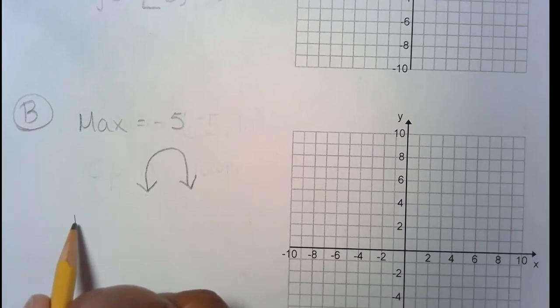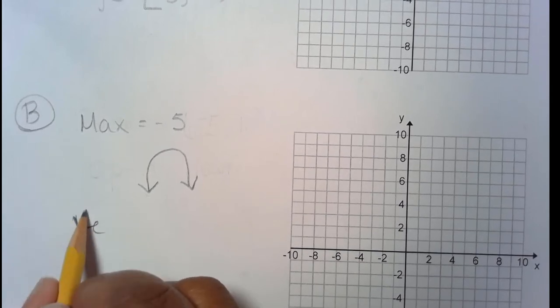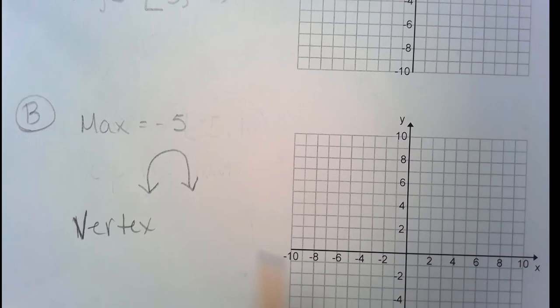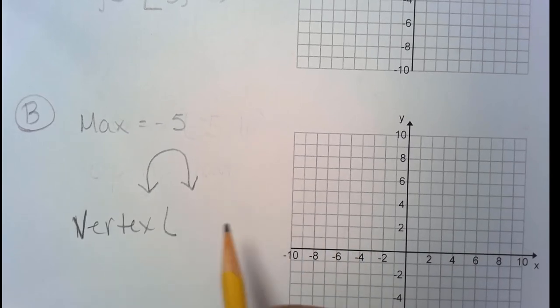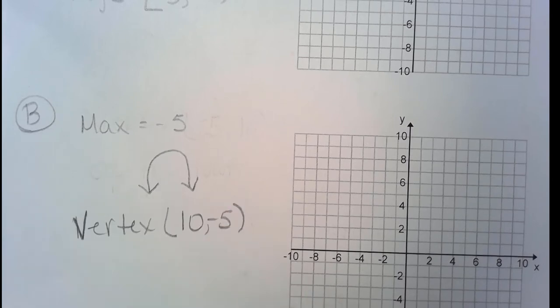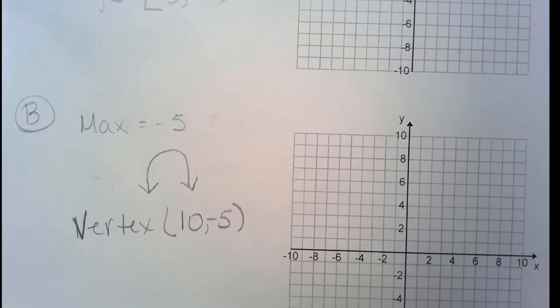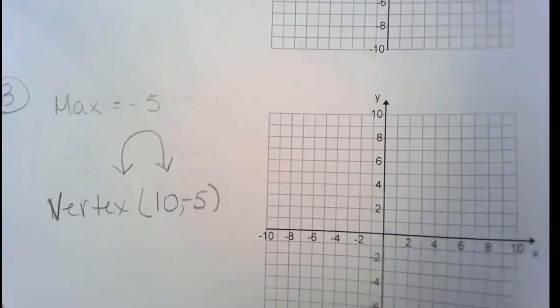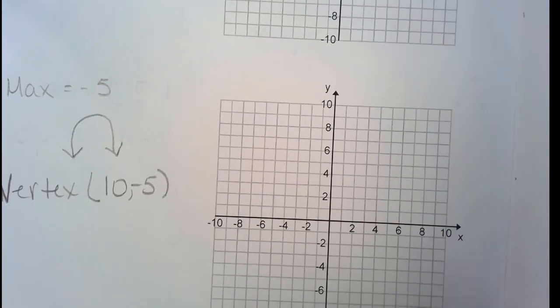What would be the vertex? At x equals 10, the max value is -5. So let's find 10 and -5.